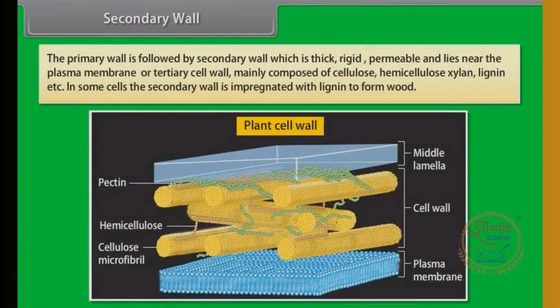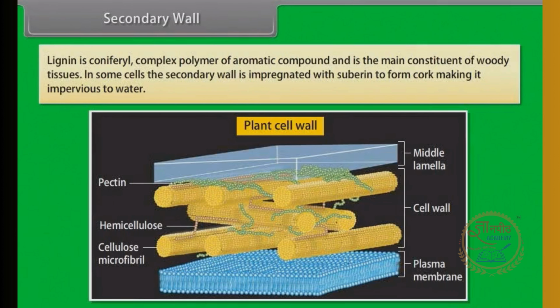Secondary wall. The primary wall is followed by secondary wall, which is thick, rigid, permeable and lies near the plasma membrane. It is mainly composed of cellulose, hemicellulose, xylan, lignin, etc. In some cells, the secondary wall is impregnated with lignin to form wood.